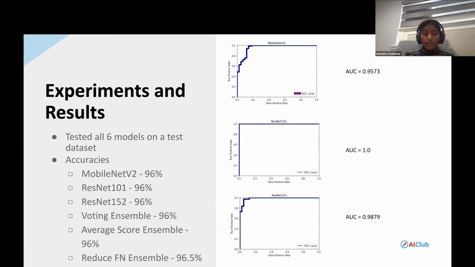Now looking at the left, my experiment was that I tested all 6 models, which include 3 ensembles and the 3 individual models, on a test data set. All the accuracies were really similar, except that the reduced false negative ensemble did slightly better.